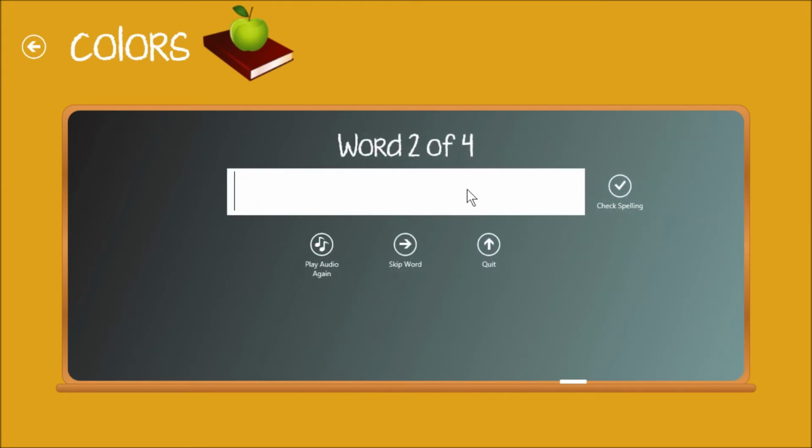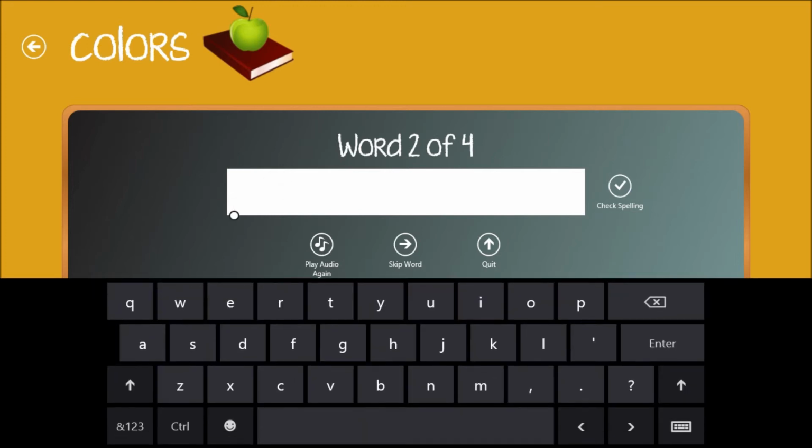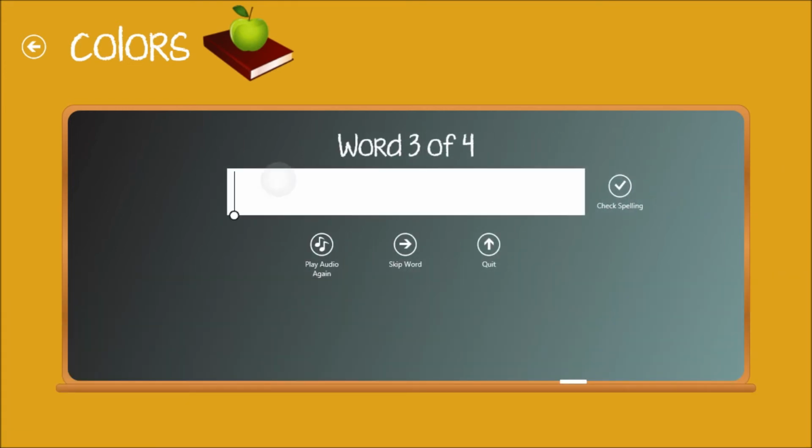Now it's entering blue. Now if I'm on a touch device, I can use the on-screen keyboard. And again, I can either use the enter key or hit the check spelling button. I'm going to go back to the keyboard. Green. Now I'm going to get this one wrong just so you can see what it looks like.